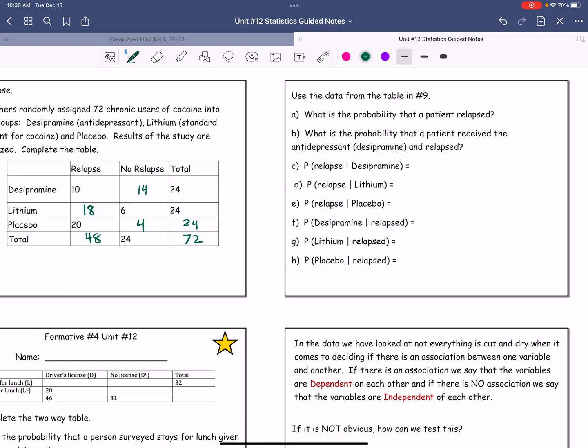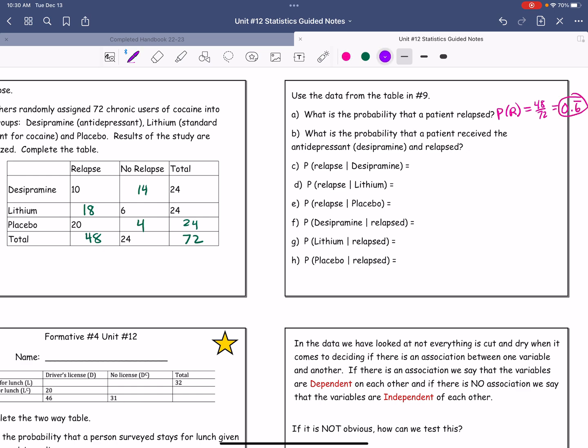Okay, so hopefully you've tried these on your own. What is the probability that a patient relapsed? Relapsed is 48 out of 72. So we do 48 divided by 72, which is 0.6 repeating.